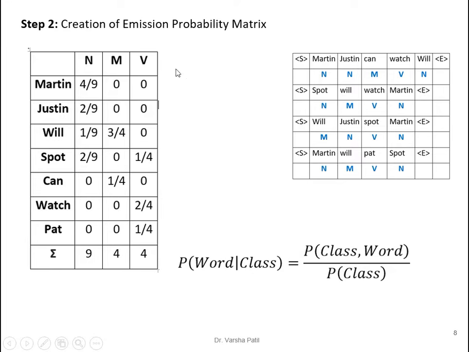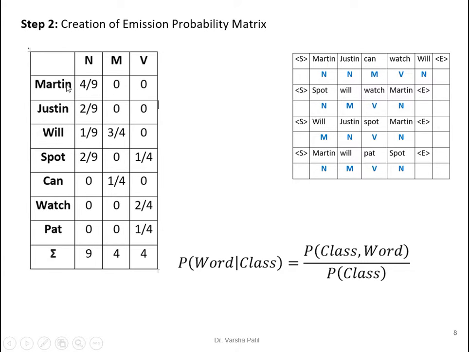We count how many times noun appears, and keep that summation as 9; for modal verb we keep 4, and for verb we keep 4. So from the training corpus we count how many times N, M and V appear. After that we apply the Bayes rule: the probability of class and word occurring simultaneously, divided by the probability of the class.